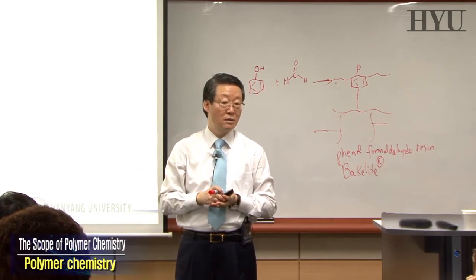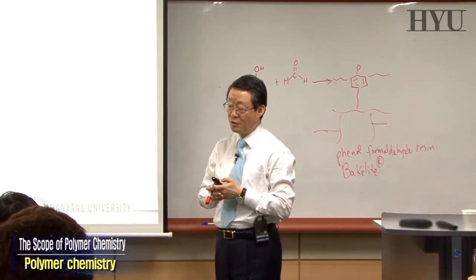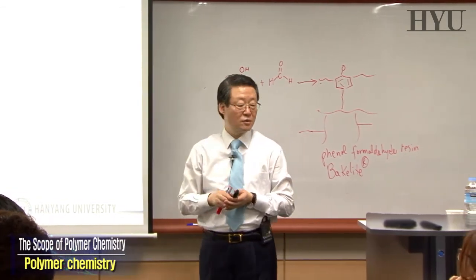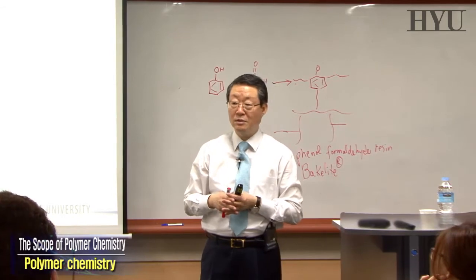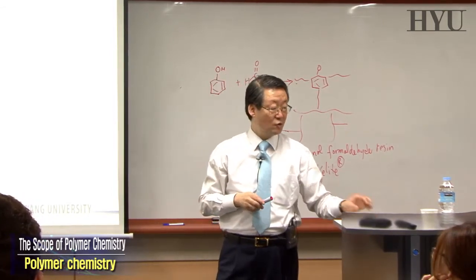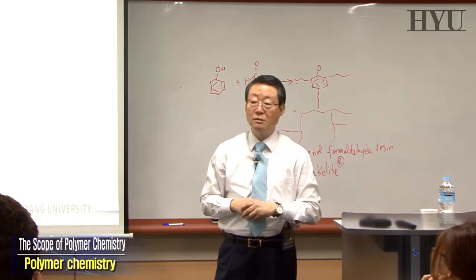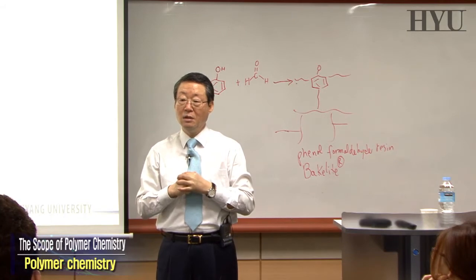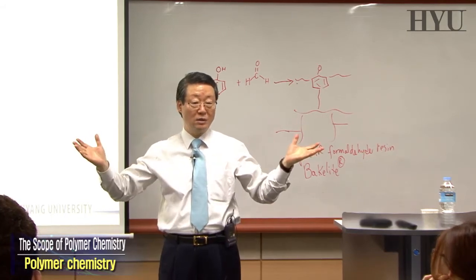There were a lot of questions, but in 1927, there was a German chemist, Staudinger, who raised the question, and he thought that maybe the phenol formaldehyde could have a high molecular weight.